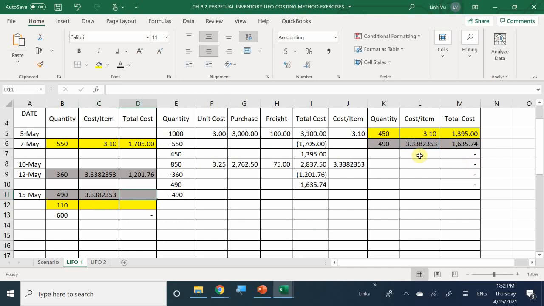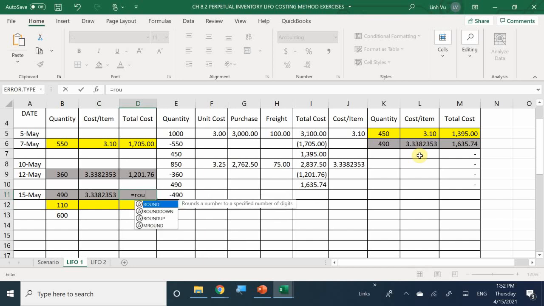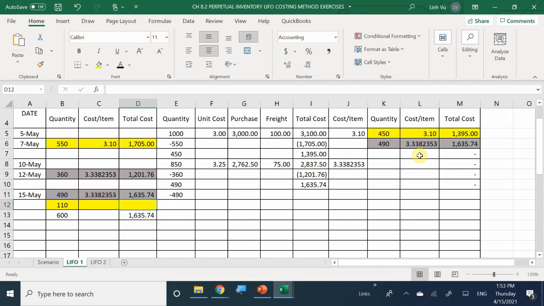Okay, I'll just calculate it anyway, just so we're consistent. 1635.74. So right away, I'm going to go ahead and cancel this out or subtract it out. Okay, and let's do our calculation here.